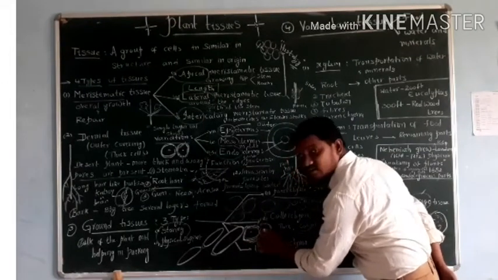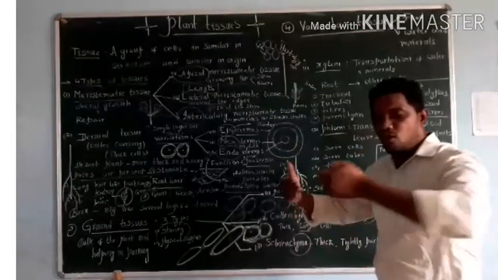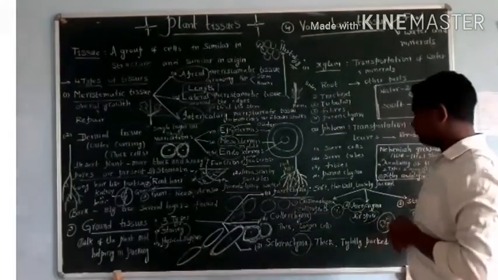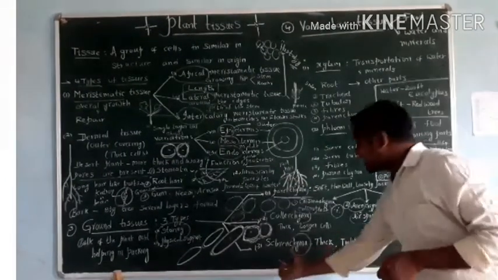This is the thick wall, and the cells are very long. That is about collenchyma.